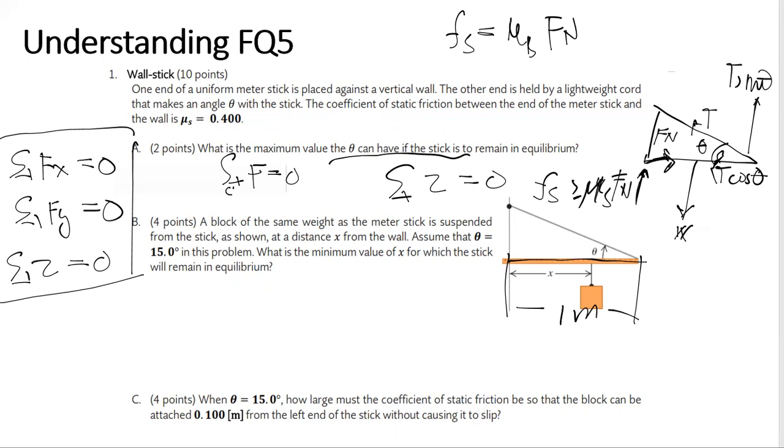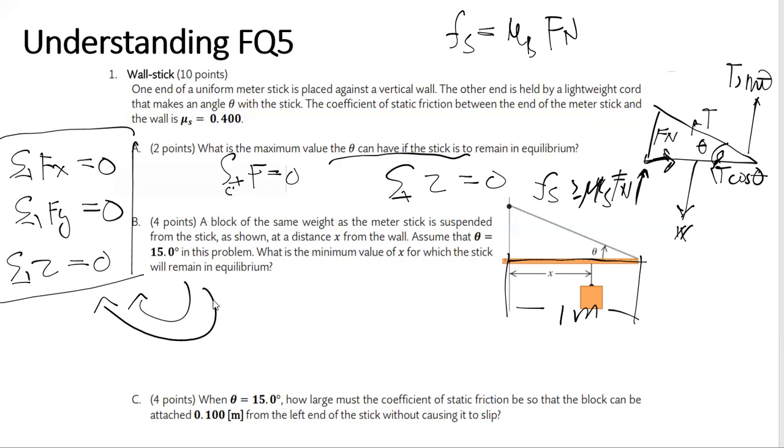So sa letter B naman, it's actually the same dun sa example problem natin. So you will use your three equilibrium conditions to solve for the location here, minimum value of x, where the stick would remain in equilibrium.